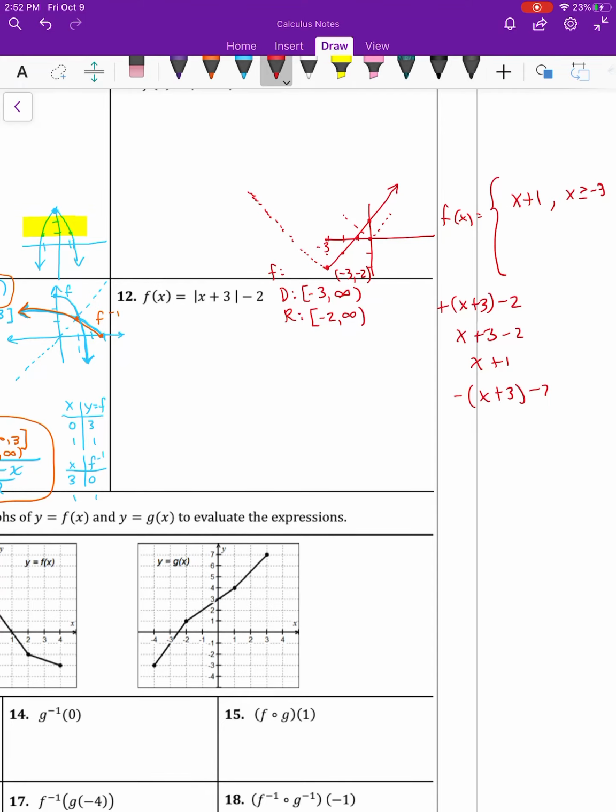Or everything in between your absolute value could be negative, and then that would be -x minus 3 minus 2. So -x minus 5 for x less than -3.